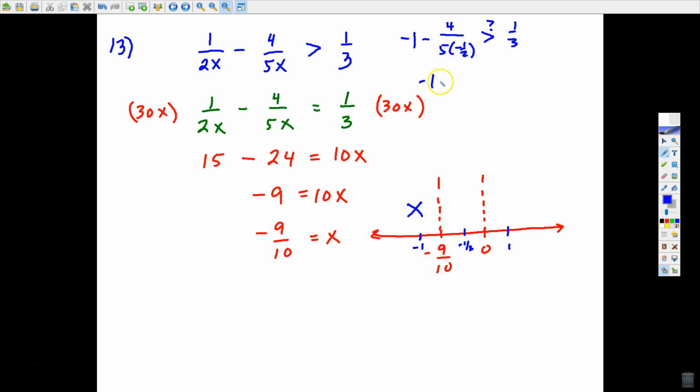Let's just show this. 5 times -1/2 is -5/2. So let me show it like this. 4 divided by -5/2 is the same thing as 4 times -2/5. So it's going to be -1 minus -8/5. And we want to know if that's greater than 1/3.